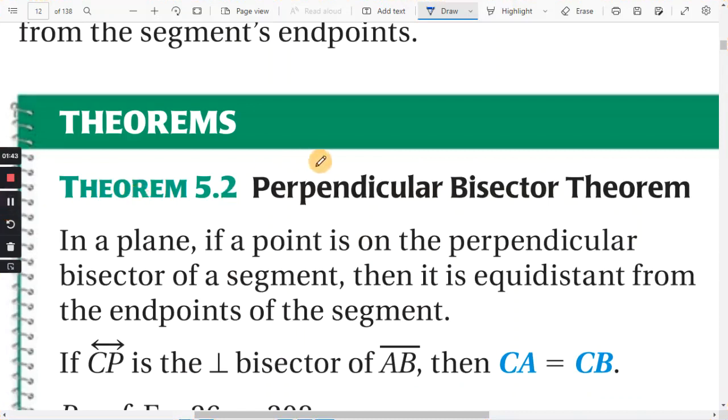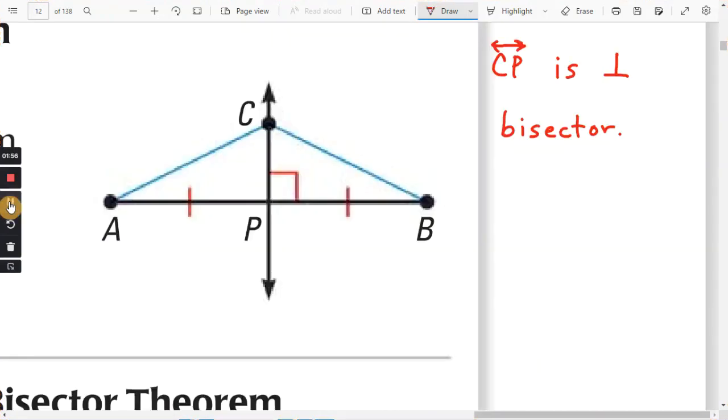All right, so here we are, perpendicular bisector theorem. In a plane, if a point is on the perpendicular bisector of a segment, then it is equidistant from the endpoints of the segment. Let's take a look. Right here, you can see that line CP is the perpendicular bisector. It's perpendicular, and the segments surrounding P are congruent, so it bisects, or cuts, the line segment in half.